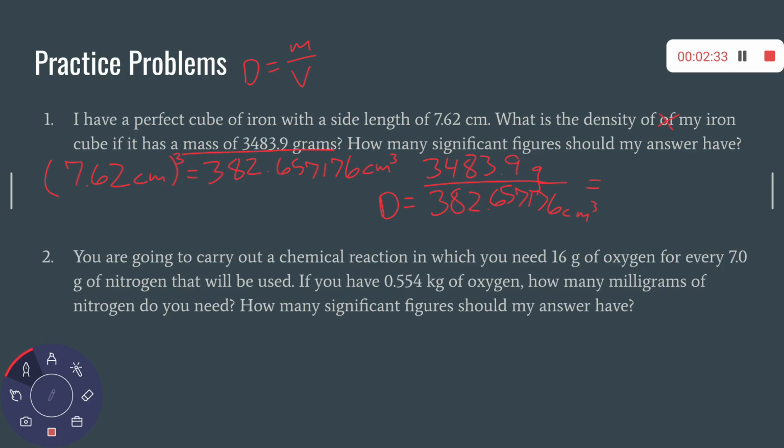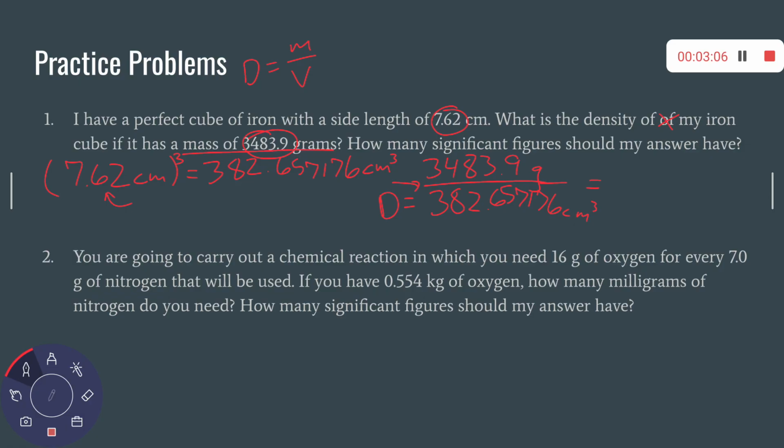If we look, the math that we have done is division here and repeated multiplication here, which means my answer has to have the least number of significant figures that are present with the measurements that I'm using. So the two measurements that I did math with were this 3,483.9 value and this 7.62 value.